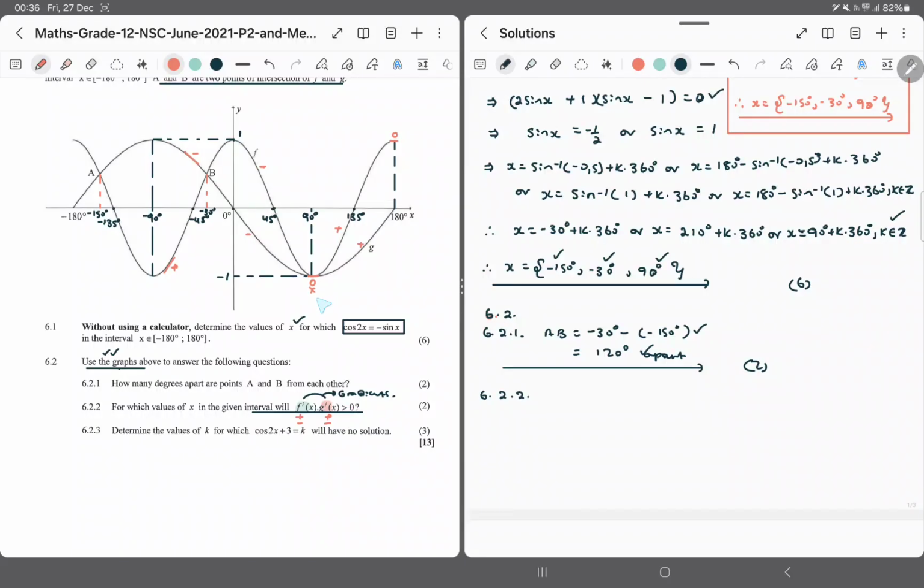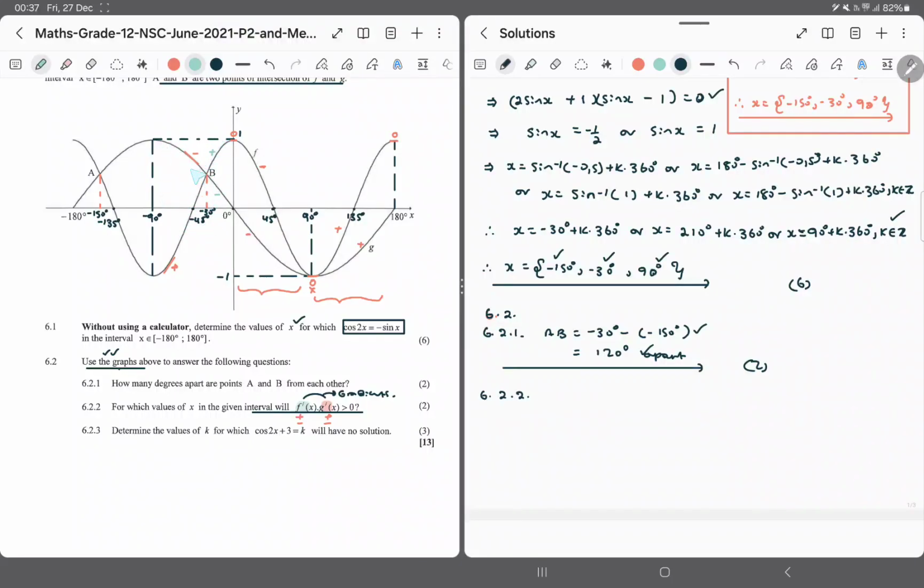So it means we need to look at this interval, excluding the values, as well as this interval, excluding the values, because again, if we draw the tangent at that turning point, it's 0. Okay, so that's it. And if we look before that, we can appreciate this is a positive gradient, that's a negative. Now the product is negative.